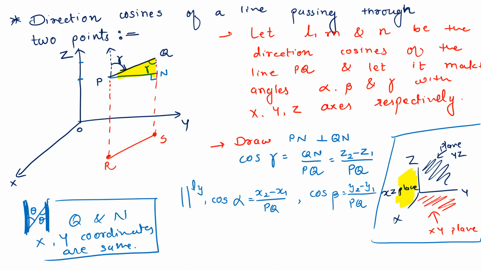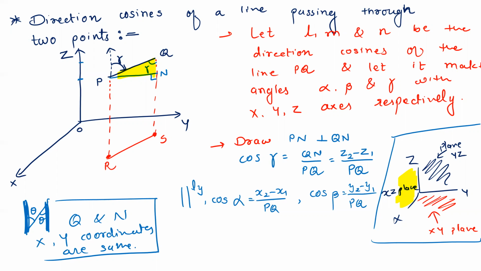If you have 2 points on a line, your direction cosines will be found in a different way. Here you have only one point P and the origin, so it is simple, the same manner as we did in the previous chapter: A by R, B by R. If your vector is R, with X, Y, Z, then X by R, Y by R, Z by R are the direction cosines.